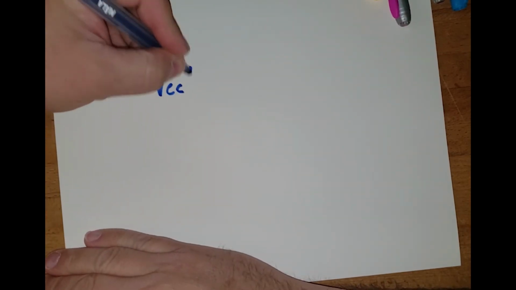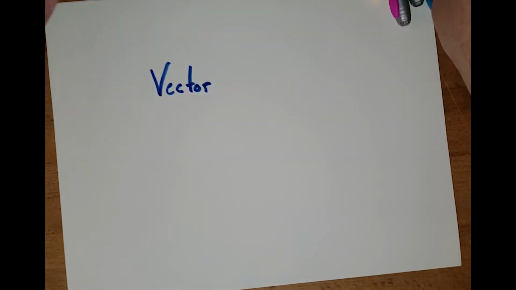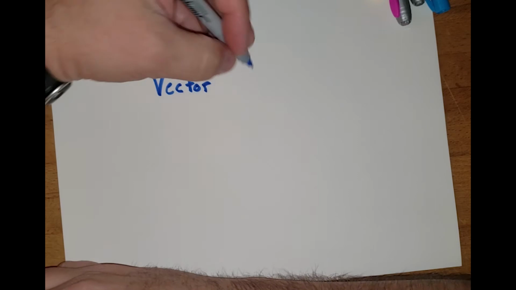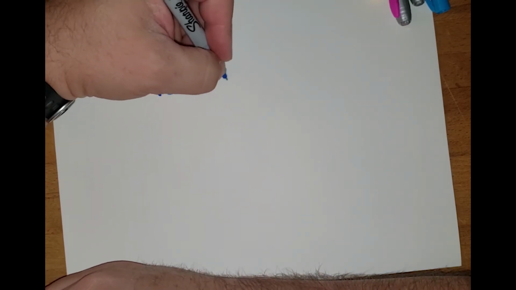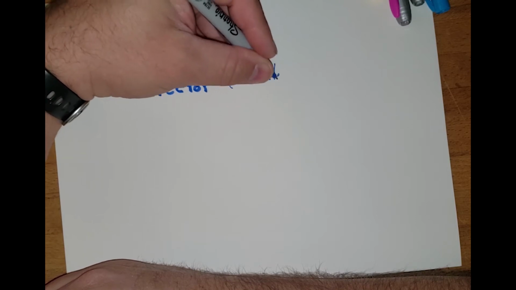All right, let's talk a little bit about these two different data types. The first one that we want to talk about is vector data. Now, vector data is just data that is stored as coordinates. We're going to talk a little bit about this as we move forward, but it all has to do with the coordinate values.